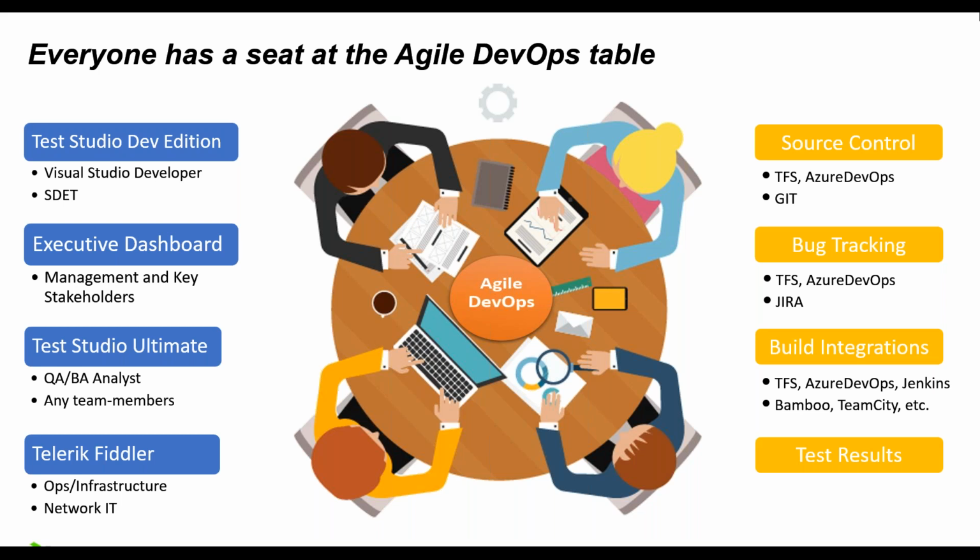And let's not forget the managers. They also have a seat on this Agile DevOps table, as we have several interactive dashboards which you can share within or outside your team and monitor the overall health of your testing projects.